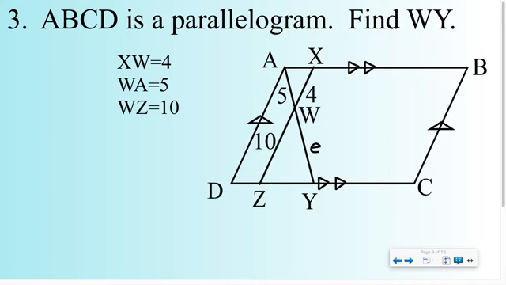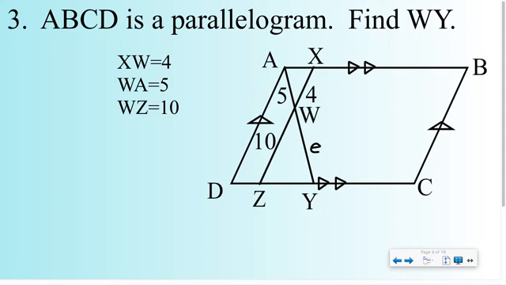Well, the proportion would work if the sides were proportional, right? Do I know if those sides are proportional or not? How could I figure out if they're proportional? What would I have to determine about the two triangles first? That they're similar. I gotta make sure my triangles are similar before I set up a proportion.